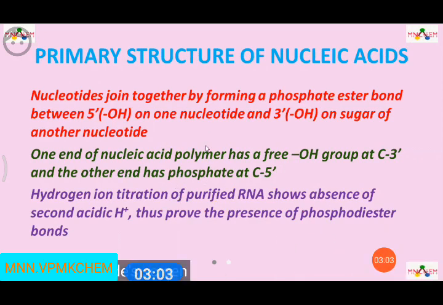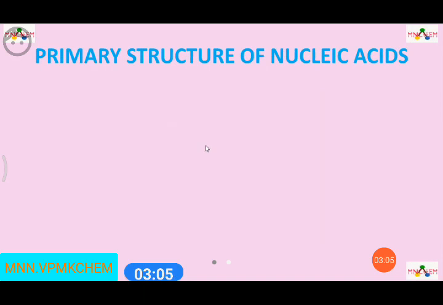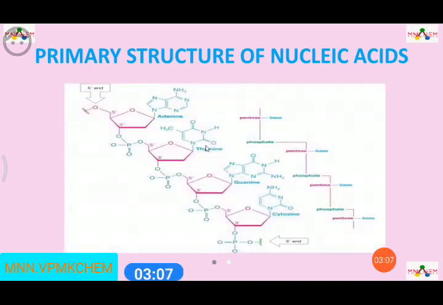Now, this can be summarized in the following manner. Here, we have a backbone chain for the DNA molecule which consists of 2-deoxy-D-ribose sugar and phosphate units as a backbone, whereas the bases are attached to the sugar at the C1 carbon.